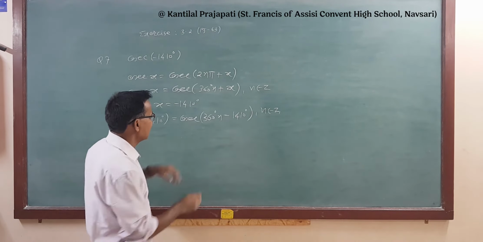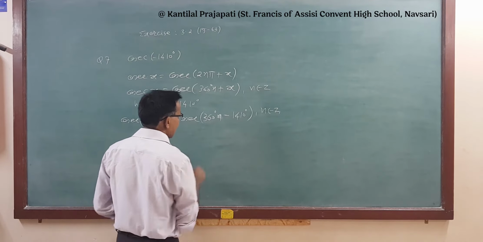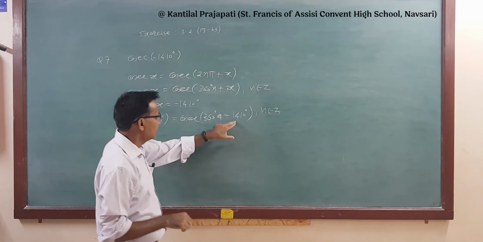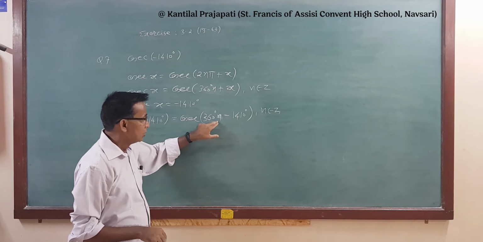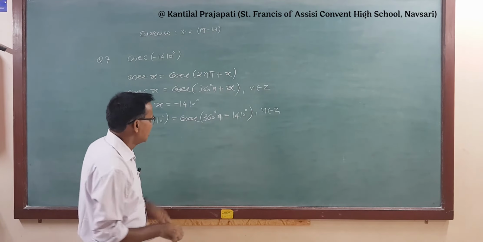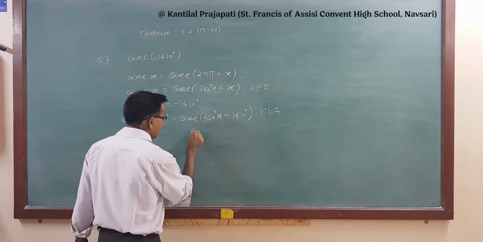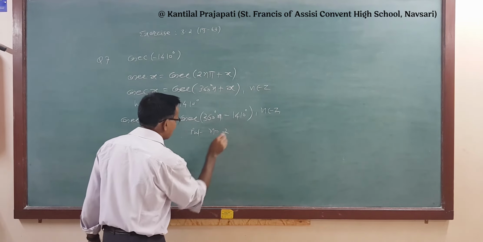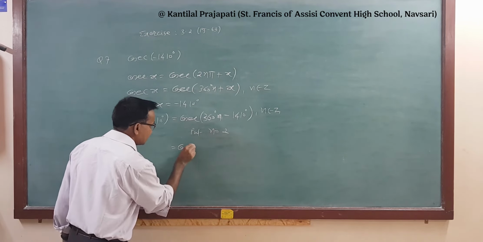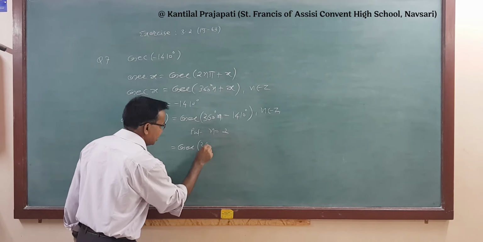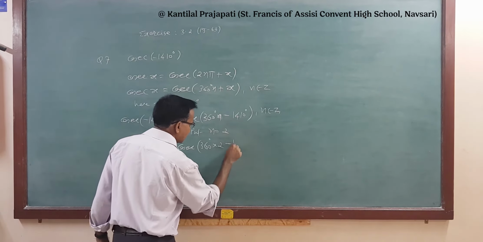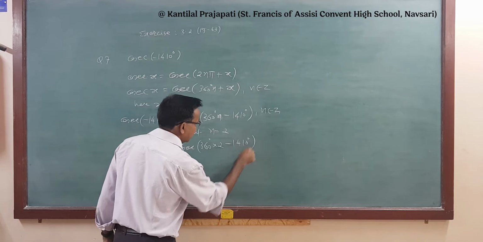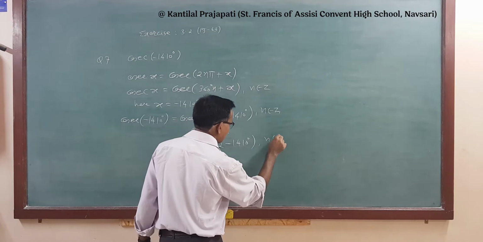Select the value of n such that 360 n is the nearest value to 1410. Take n is equal to 2. Put n is equal to 2 here, then you get cosec of 360 into 2 minus 1410 degree.